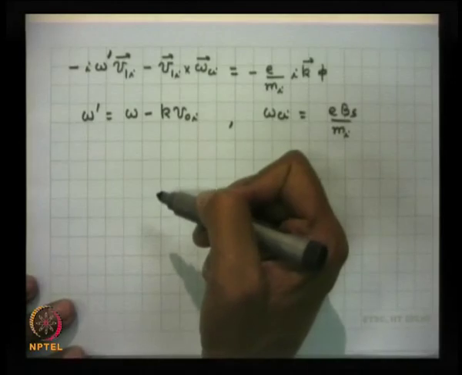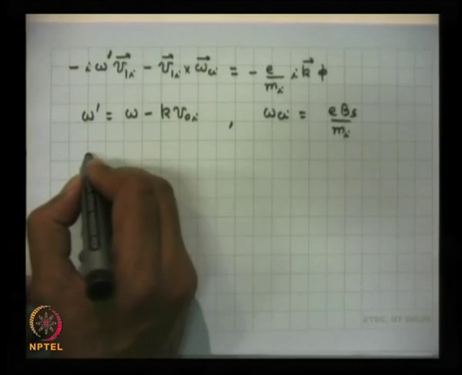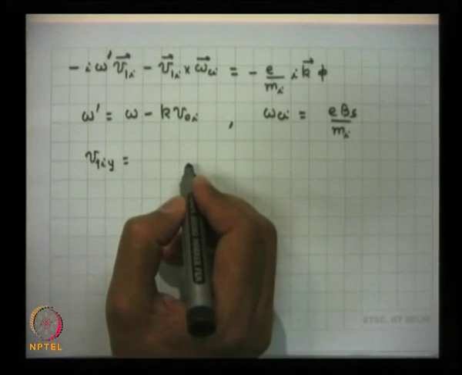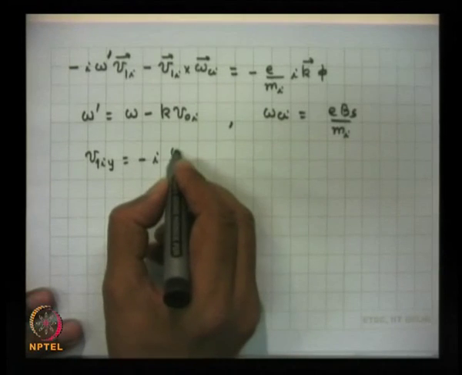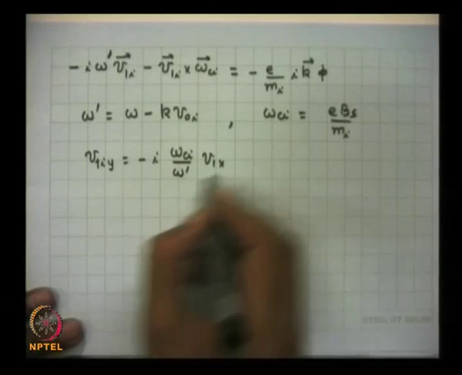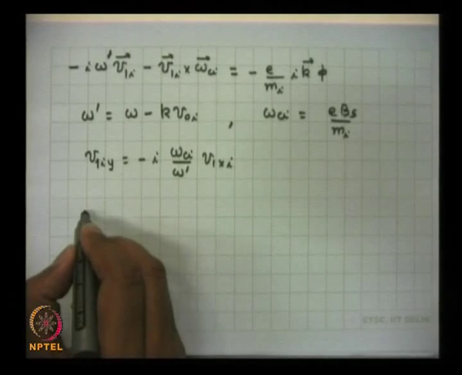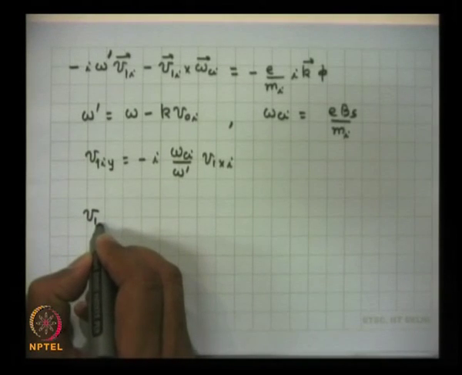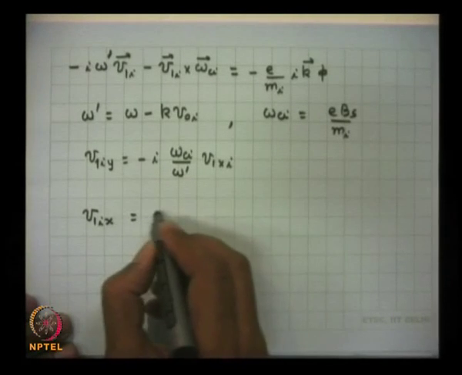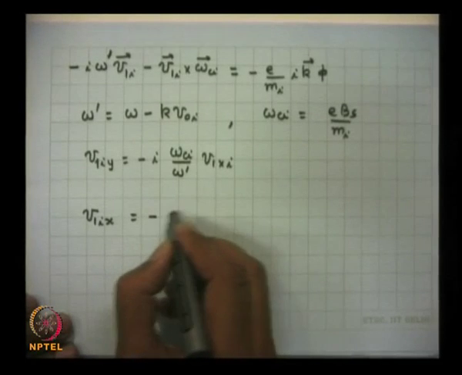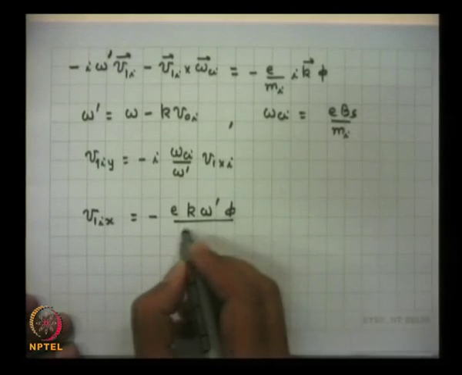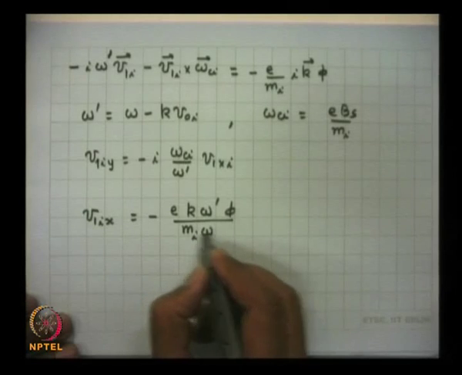drifting ions. And you can simplify this to obtain V1Iy, which turns out to be equal to minus i omega Ci upon omega dash V1x of the ion, and V1Ix, rather the same thing, the x component of V1I, turns out to be equal to minus e k omega dash phi upon m i omega Ci square.